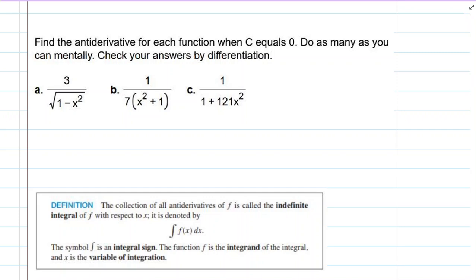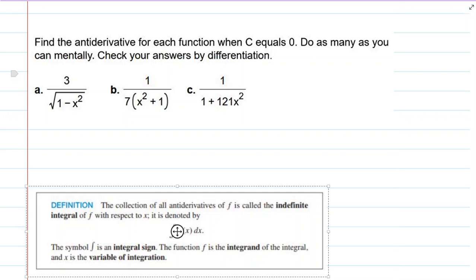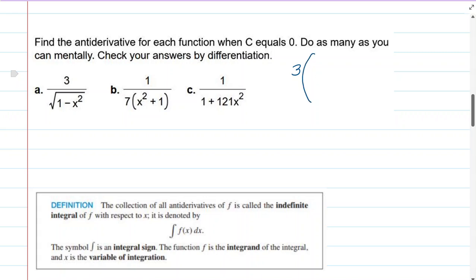This guy right here, we need this sheet here. Now remember in Cal 2, you've got to know some of these inverse trig functions, the derivative and going backwards. Does everybody see where we are right here? Okay, well, on this problem right here, it's really 3 times 1 over the square root of 1 minus x squared.